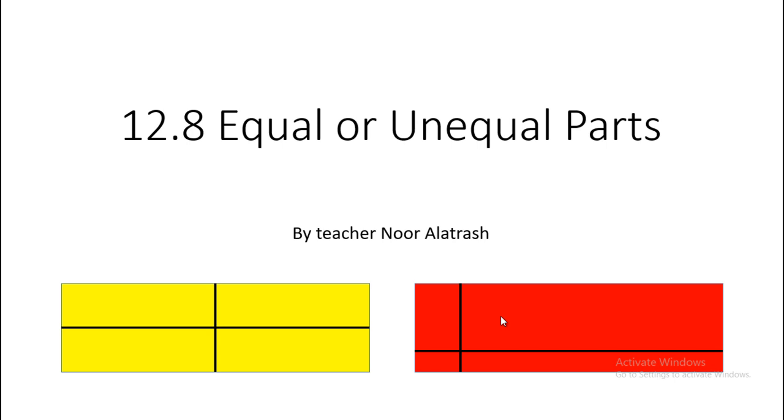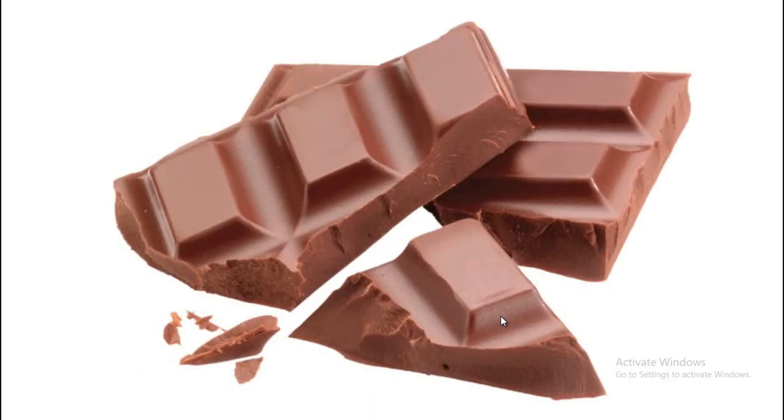Because when you want to share with your friend, for example, a bar of chocolate, and you're going to share with 3 friends, and then you split your chocolate bar into these pieces, this 1, 2, 3. And what is this tiny piece here? So are these equal parts?